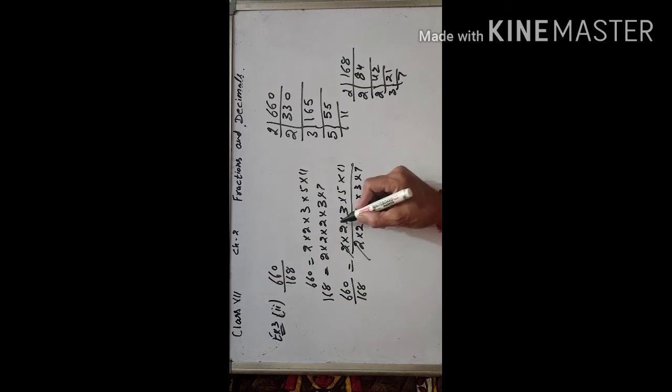Now 2 cancels 2, 2 cancels 2, 3 cancels 3, and 11 5s are 55 and 7 2s are 14. So the required fraction is 55 by 14.